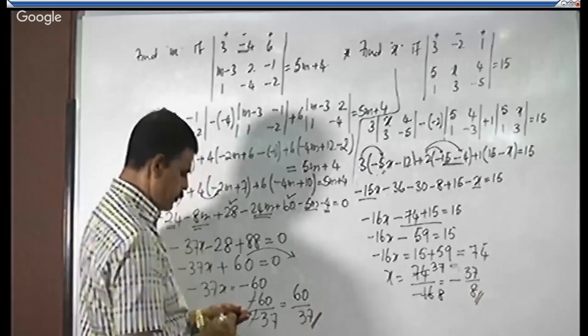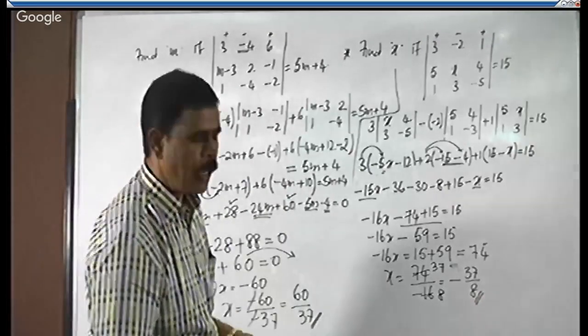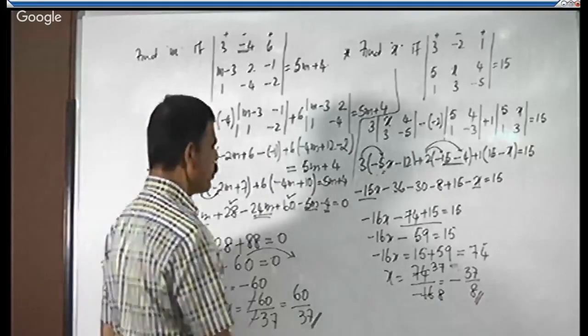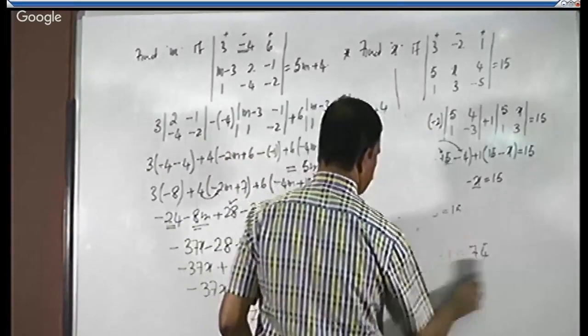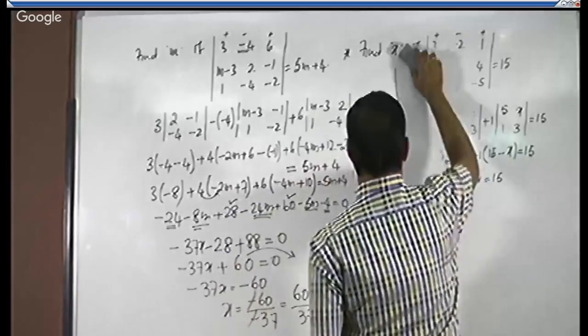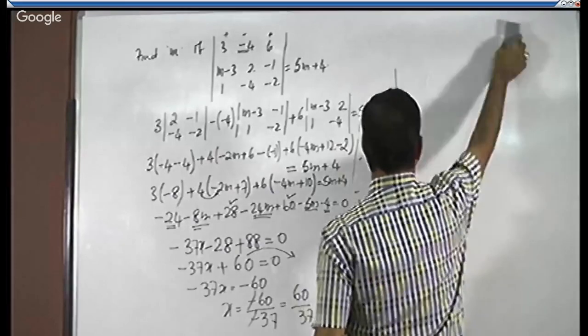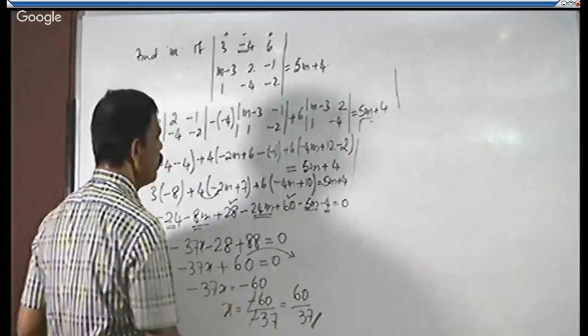So this is finding unknown value in a given determinant, right? This is important in all the years. Definitely one question will be there on the expansion of finding unknown value in a determinant, right?